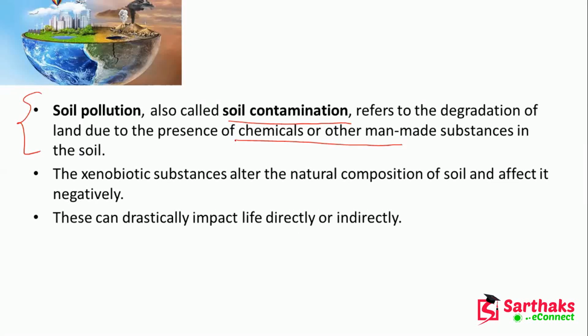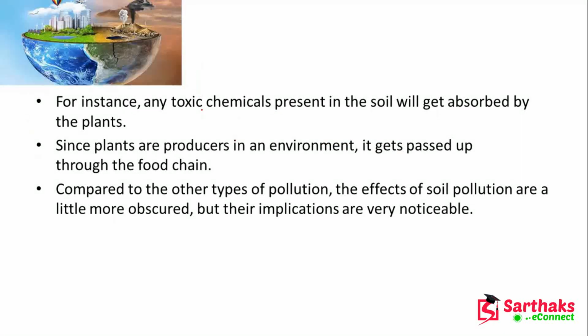Here you can see that we have some human activities, like industry, mining, military activities, wastes, wastewater management, farming, and stock breeding. There are so many causes. Any toxic chemicals present in the soil will be directly absorbed by the plants, and such plants, which are producers in an environment, pass it up through the food chain.